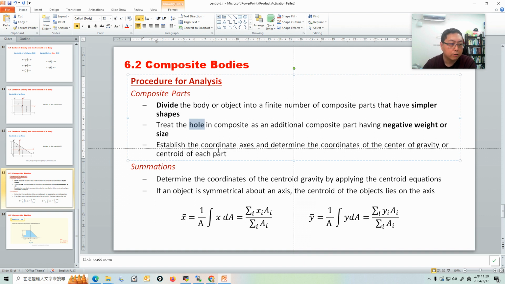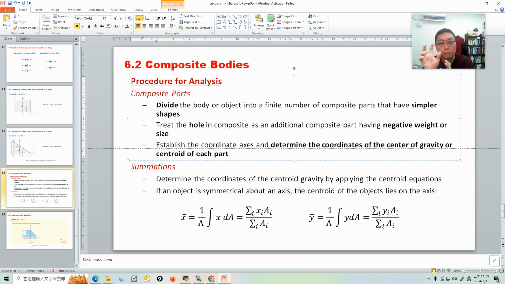The third one is to establish a coordinate axis and determine the coordinate of the center of gravity of each part. Simply speaking, determine the center of gravity or centroid of each part.